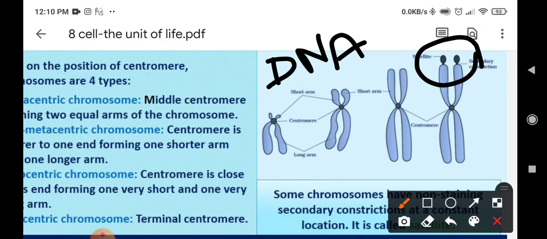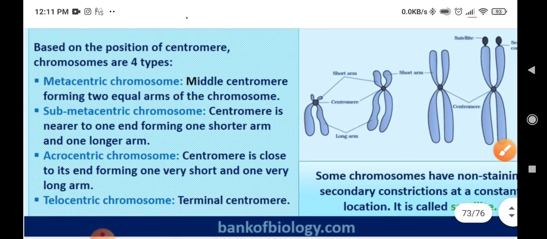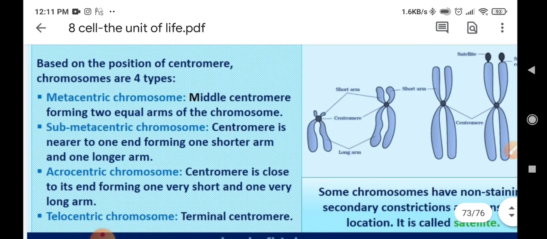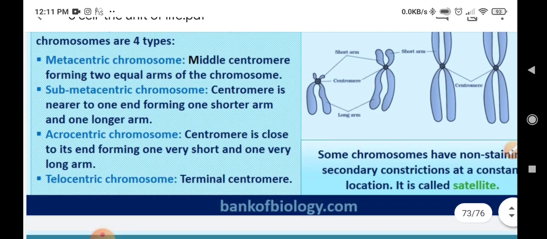Nitrogenous bases are present in DNA, and the satellite contains repetitive sequences of these nitrogenous bases. So it is a secondary constriction found in only a few chromosomes. Based on the position of the centromere, we can have metacentric, submetacentric, acrocentric and telocentric chromosomes.